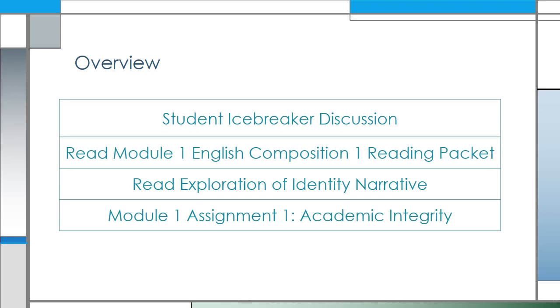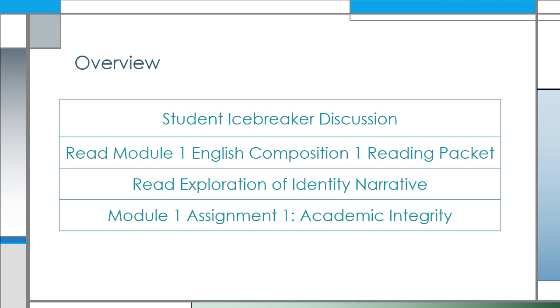The next thing you'll do is read the Module 1 English Composition 1 reading packet, which will talk to you a lot about college reading strategies, and will also give you an overview of MLA format. The next thing on the list is going to be to read the Exploration of Identity narrative packet.